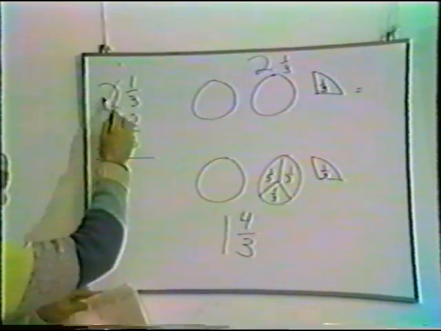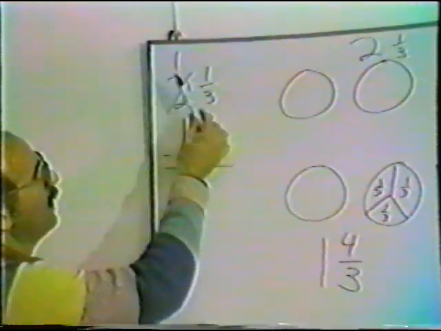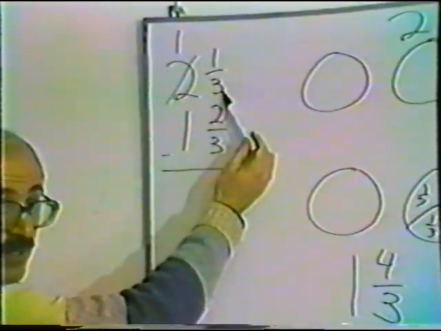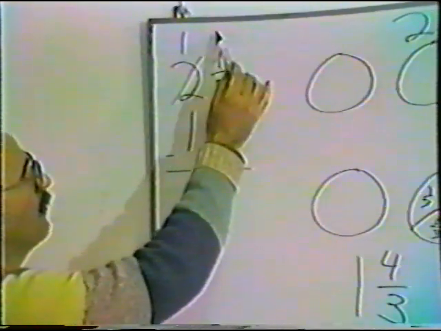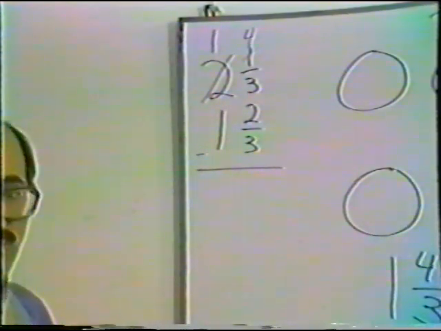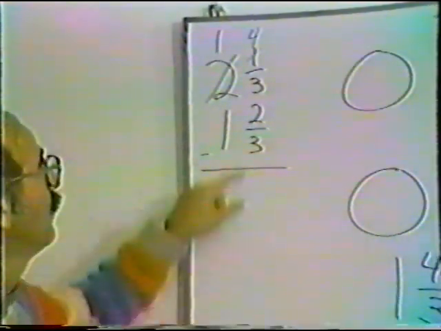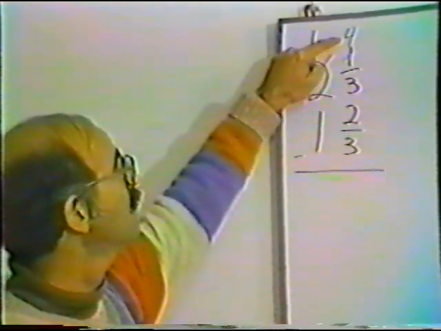The 2 became a 1. We cut up a pie. We got 3/3 plus the one we already had made 4.